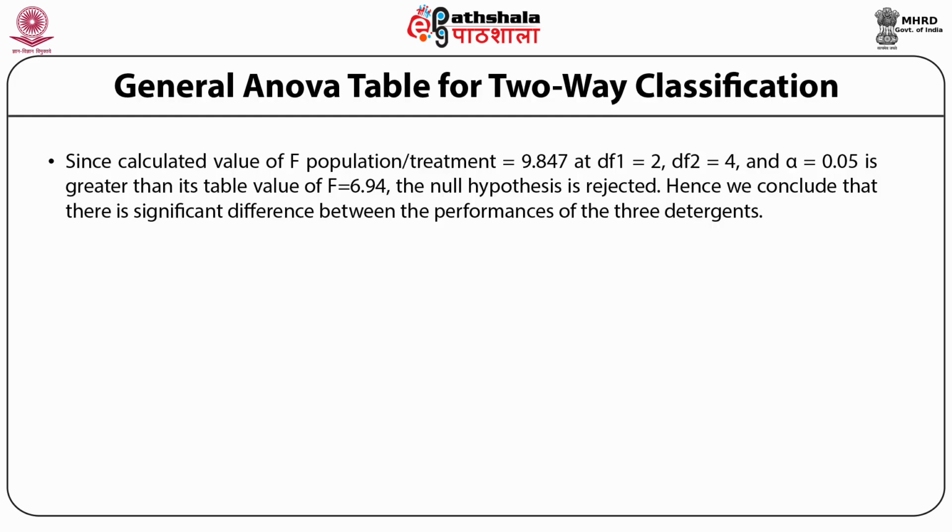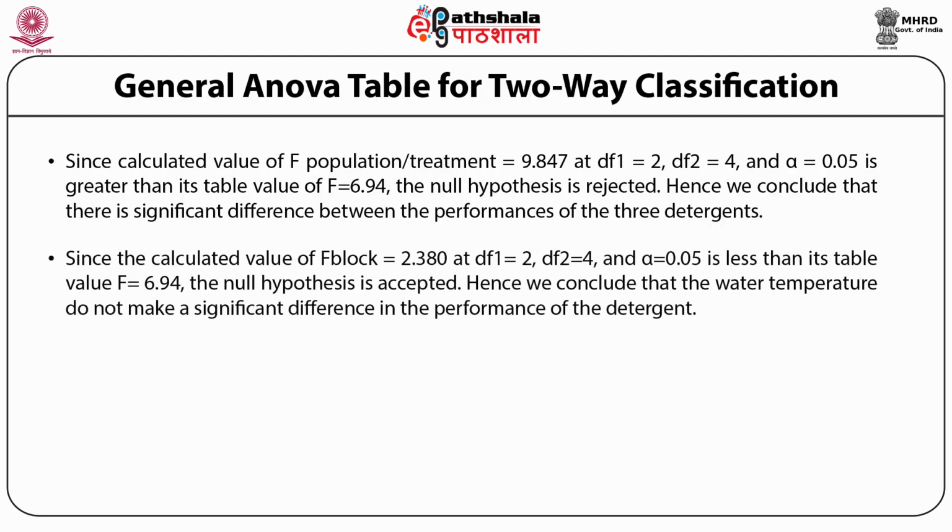Let's calculate for the different waters or different temperatures. Here, the calculated value of F block is equal to 2.380 and with the degrees of freedom df1 is equal to 2 and df2 is equal to 4 at 5% level of significance, the F calculated is 2.380 and F table, from the F distribution table, it can be depicted as 6.94.